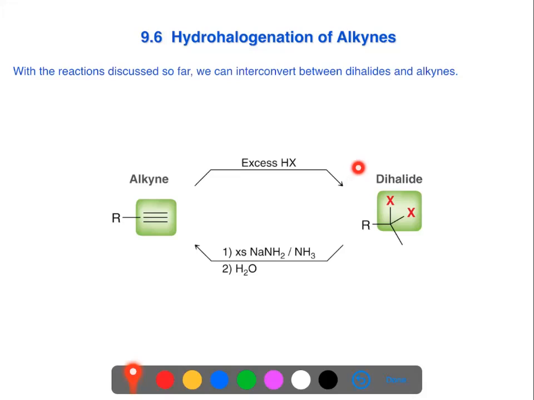We can take that same dihalide and in the presence of excess sodium amide and liquid ammonia, followed by a water quench, we can prepare the terminal alkyne. And so these sets of reagents, if you will, can be used to transform from alkyne to dihalide and dihalide to alkyne. So they become very synthetically useful if we start with a dihalide and wish to prepare the alkyne, or vice versa.